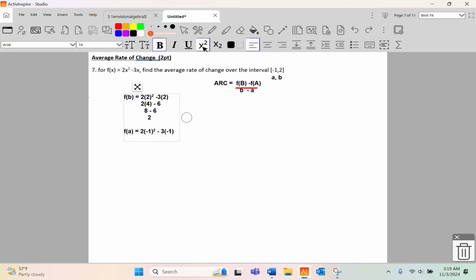So let's see here. 2 times negative 1 squared is going to be positive 1. A negative times a negative is a positive. And 2 plus 3 is 5. And then we just plug into our little formula. So we found f of b to be 2. We're going to take away f of a, which is 5. And we're going to be sitting pretty over b minus a, which is 2 minus a negative 1.